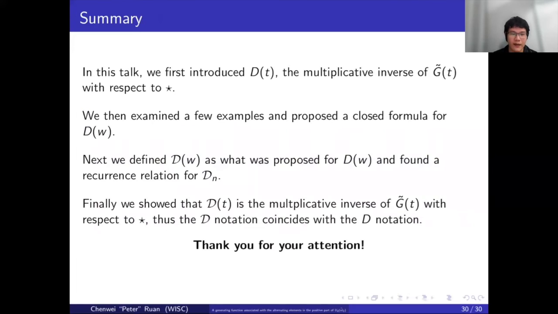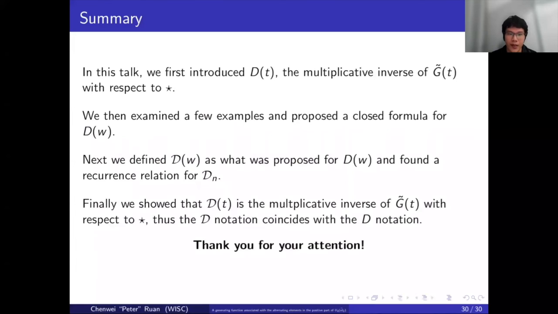Okay, so the summary is that in this talk we first introduced D of t, which is the multiplicative inverse of tilde g of t with respect to star. We then examined a few examples and proposed a closed formula for D of W. Next we defined QD of W as whatever was proposed for D of W. Using this definition, we were able to find a pretty good recurrence relation for QD sub n.